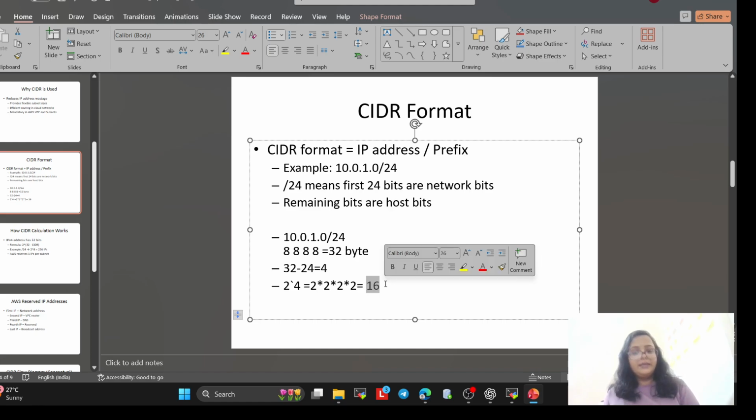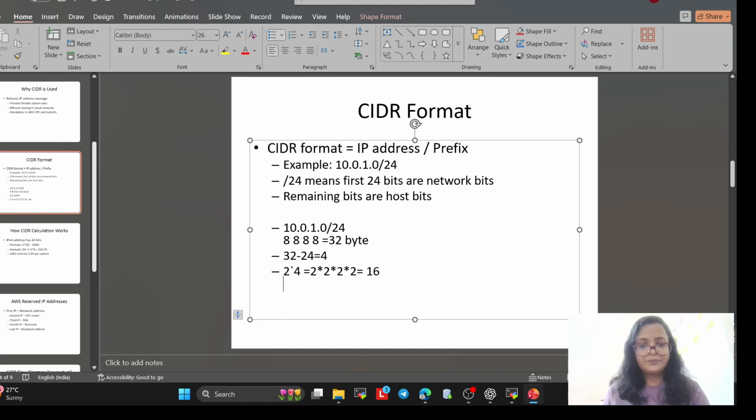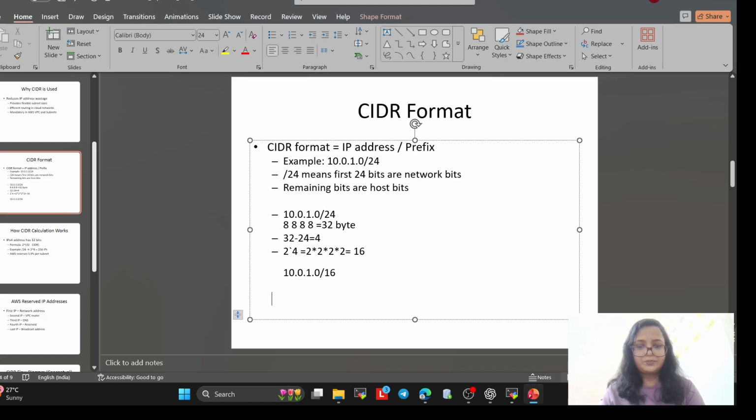In the same way, if we have written 10.0.1.0/16, what you have to do is 32 minus 16. How much do you get? 16.